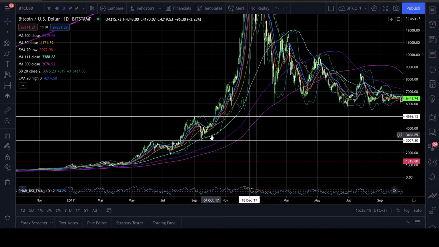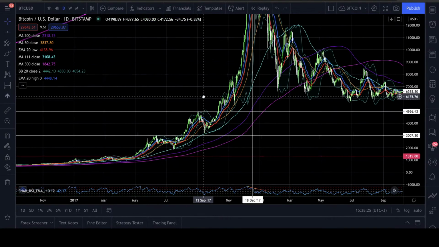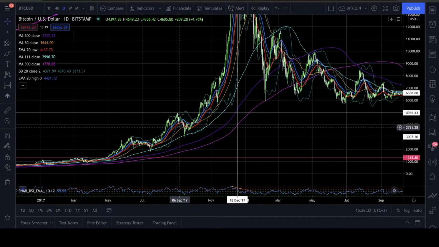Anything more, based on Fibonacci and Gann's theory, is a crash. Anything more than 50% is a crash. So if anyone tells you Bitcoin is just dipping and we're going to go back up, no, it's not, because in 2017, yeah, this was a dip.